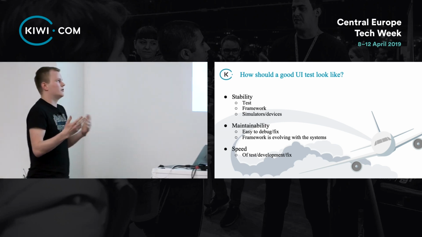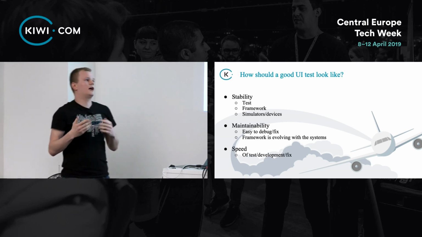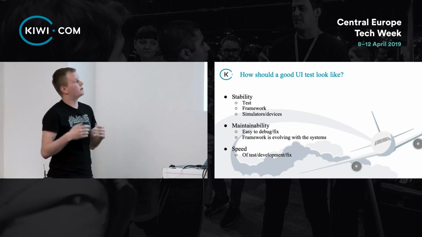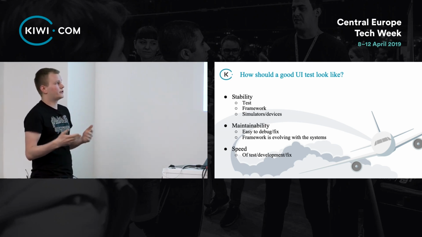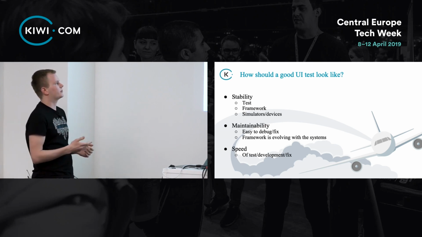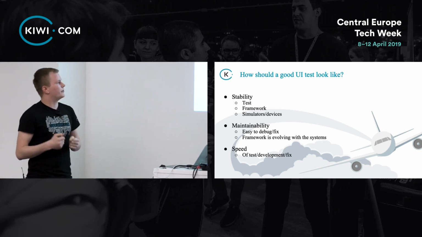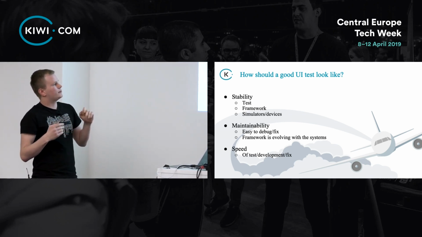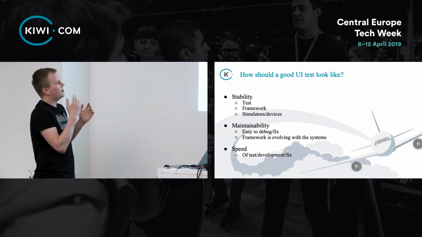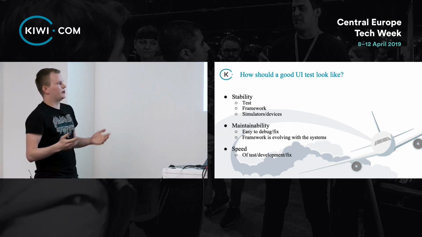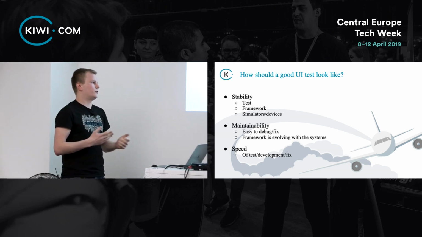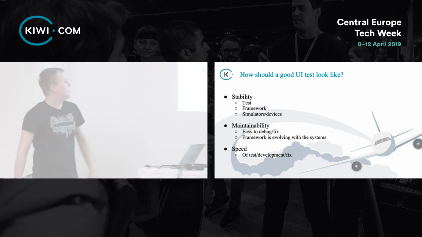Your test should be stable, but also your framework should be stable. Your simulators or devices which you are running your tests on should be stable. Your test should be maintainable, and it should be easy to fix, easy to debug. All the problems should be basically easy to work around or fix.